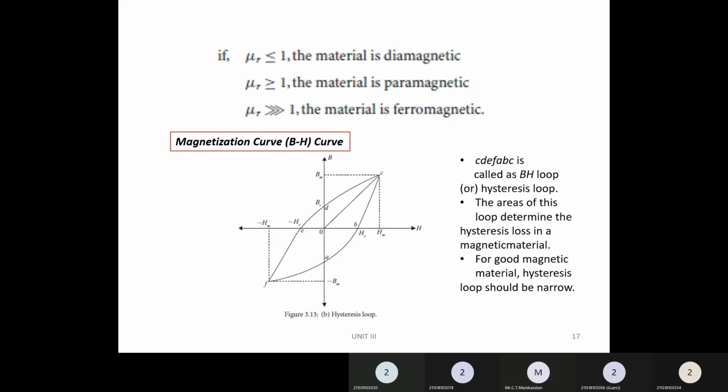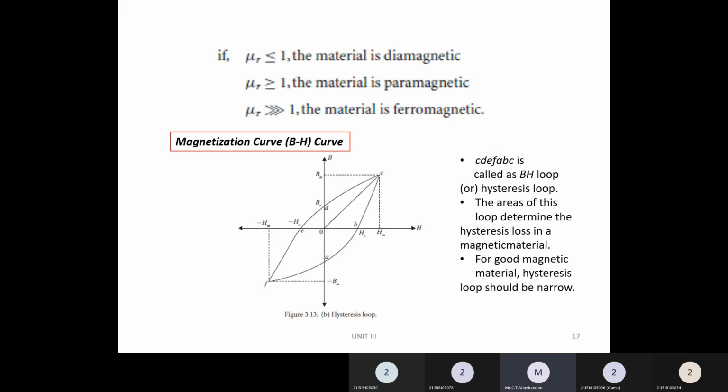This is because of the coercive force present in the material. If you increase H in the negative direction, at one point B comes to 0, and later it goes to the negative maximum.